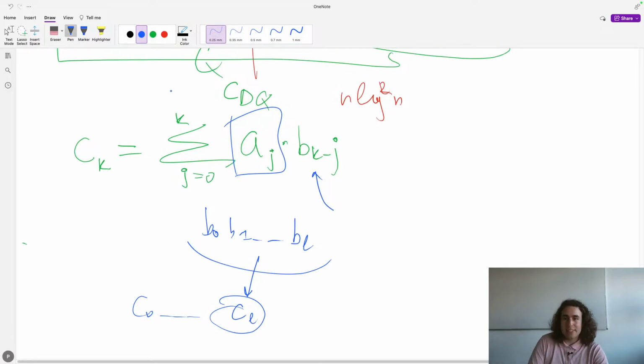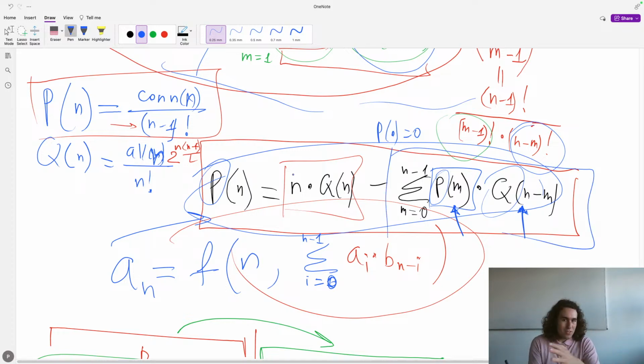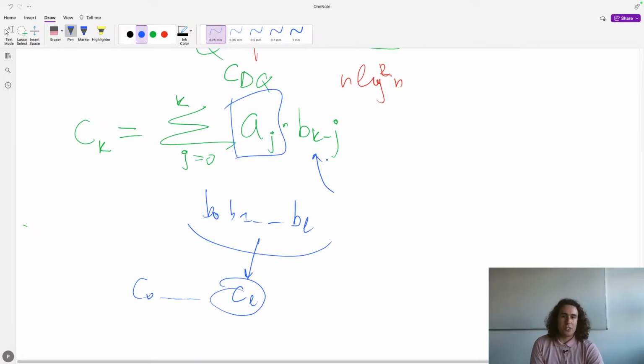And I want to say that it's a more general formula than what we're having here, because imagine that we don't know p's in advance. We just get them one by one, and one by one means that we calculate this value using this formula, and when we plug it in, now we know p_n, and now we can calculate the influence of this value on the rest. This is kind of a more general situation, when just one of the arrays is given, and the other is given to us online.